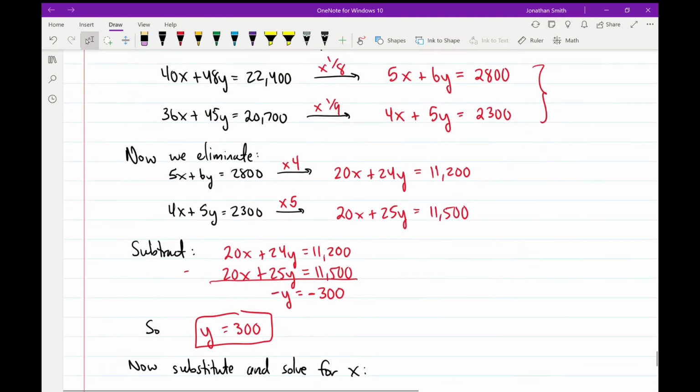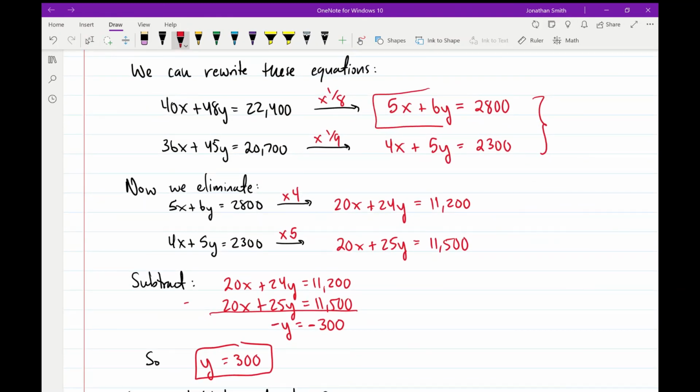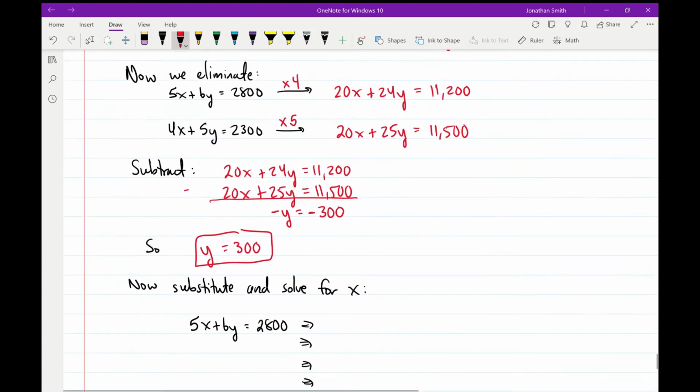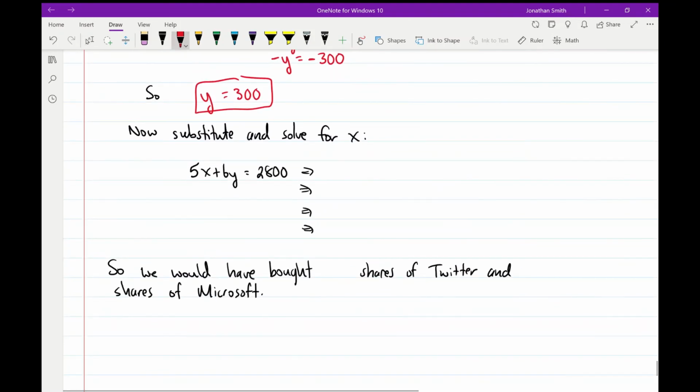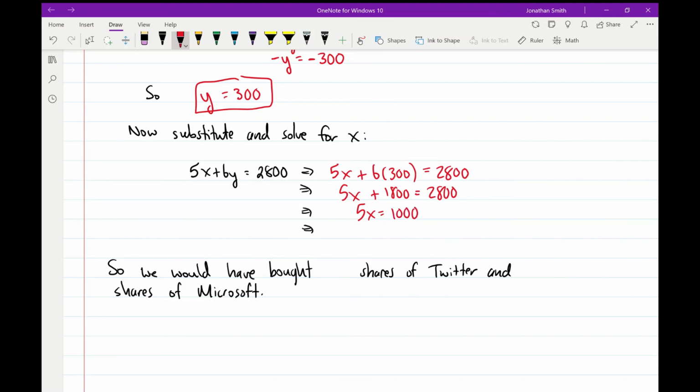So I pick one of the equations up here. I picked 5x plus 6y equals 2,800, and we'll substitute 300 for y. So we get 5x plus 6 times 300 is equal to 2,800. So this is 5x plus 1,800 is equal to 2,800. And then 5x is equal to 1,000.